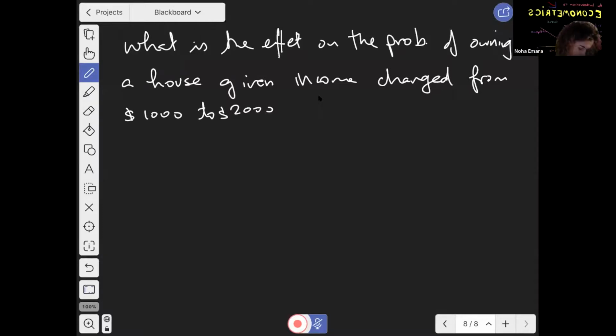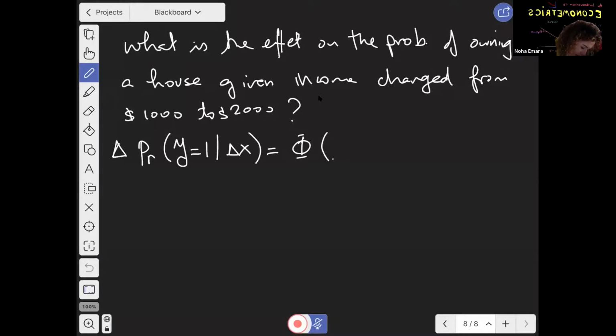Okay, I want to compute this one, the change in the probability of y being equal to 1 given the change in x. So you just take the words and write them into notation. This is going to be equal to phi of beta 0 plus beta 1 times 2, right?